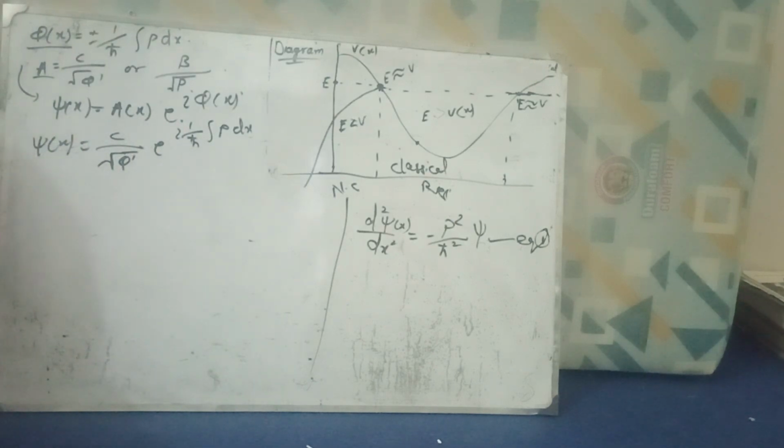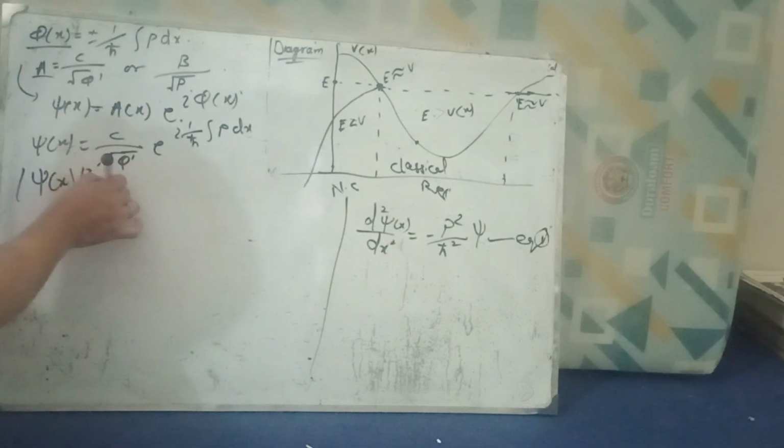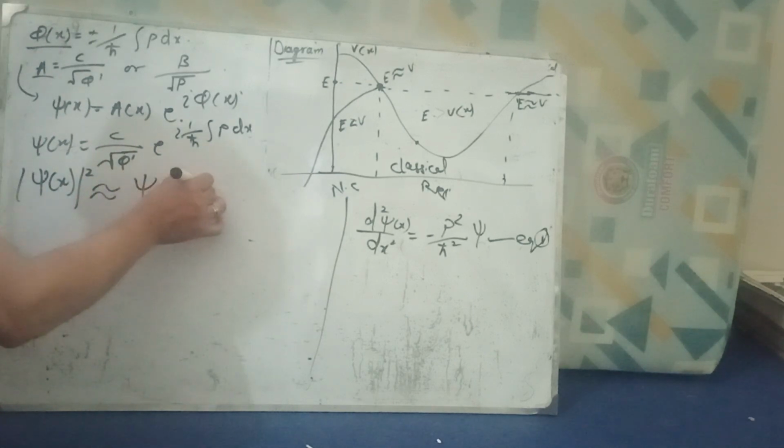Now we are calculating the approximate solution. So this will be a linear combination of two terms. So we apply the probability, psi of x mod square. This is the magnitude of the wave function, which is approximately equal to psi of x into psi star of x.